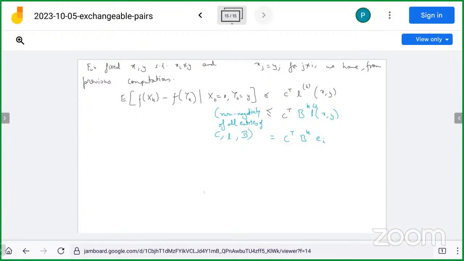And so nu x is less than half, max over i, summation k going from 0 to infinity of C_i C transpose B^k E_i.